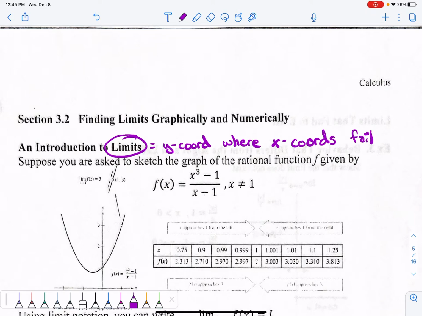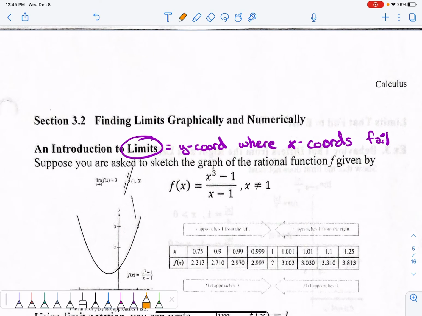So usually when we're looking at limits, we're looking at places where domain errors happen, and that would be like where we have vertical asymptotes or where we have holes, basically, is where the domain errors are going to happen, okay, usually.